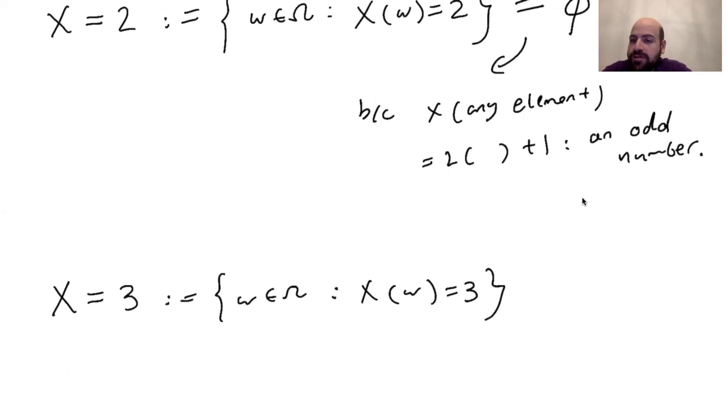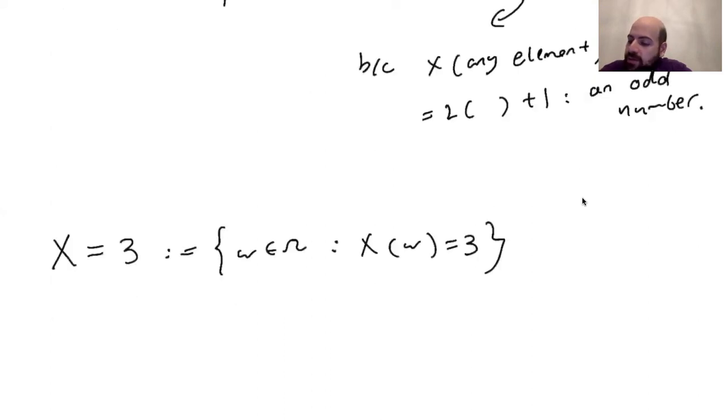If you want 2 times the number of heads plus 1 to be 3, the number of heads has to be 1. Okay, which elements have number of heads equal to 1? Well, one of them is head, tail, tail. One of them is tail, head, head. Tail, tail, head. And what else? Tail, head, tail.